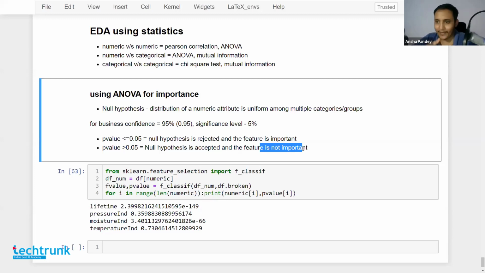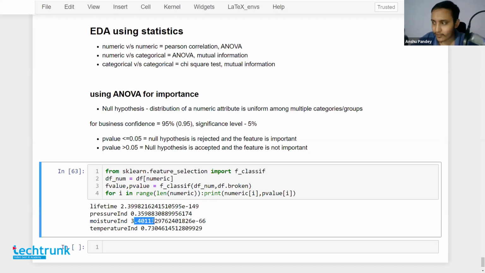So the same analysis which we saw earlier with graphical visualization, we can also see with statistics, right? Statistics and data visualization are two different ways to do EDA. Data visualization shows you whether a feature is important or not, and also why and how it is important, whereas statistics doesn't show you why and how. For example, statistics simply shows that moisture is an important factor, but it doesn't show that at more than 120 moisture almost all the machines are getting damaged.